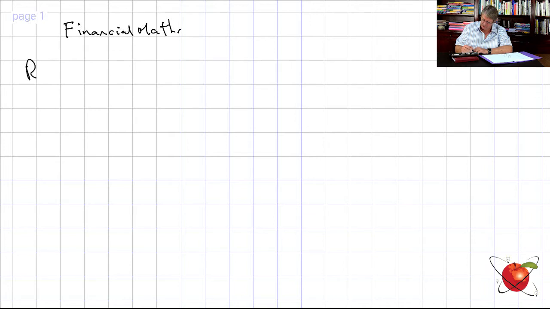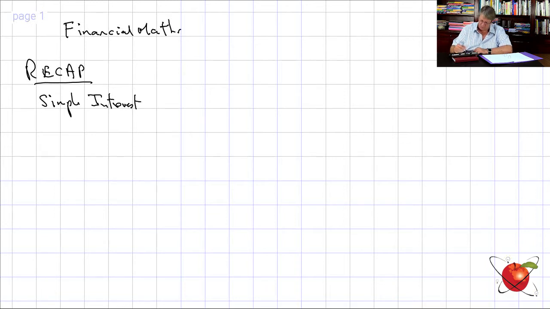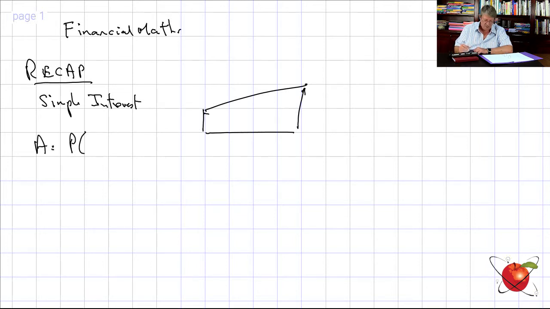Okay, this is our financial maths, and let's just do a quick recap of earlier work. On the recap side, we said we had two kinds of interest: simple interest and compound. And what did we say? Basically, simple interest took us to there, and we had a formula for that one, which was A is equal to P times 1 plus I n.